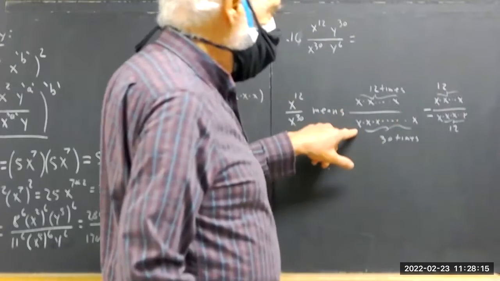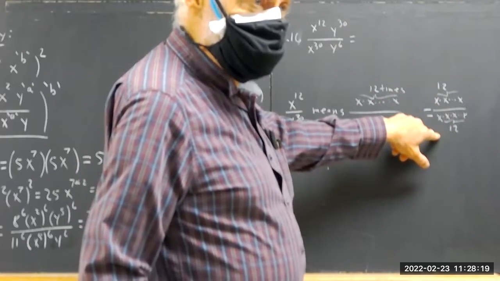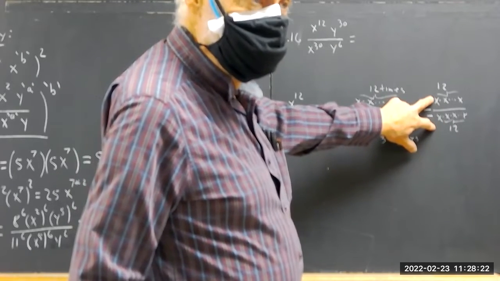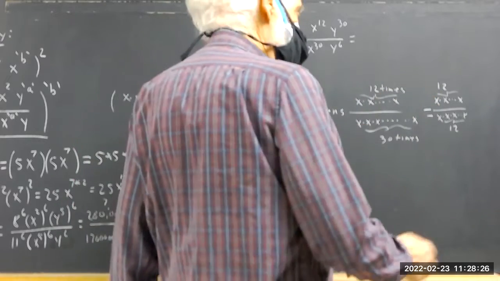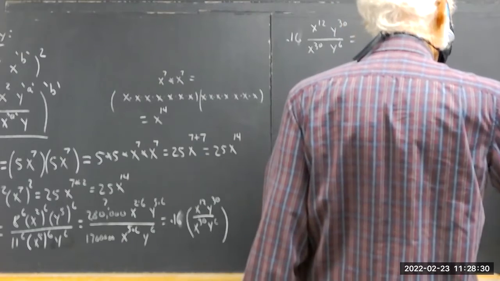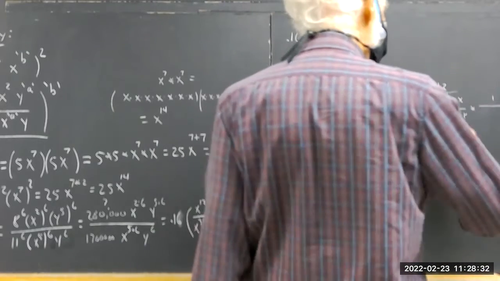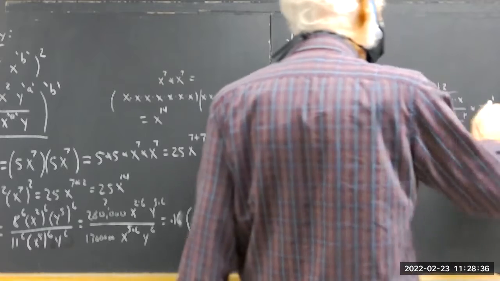I can take 12 of these and put them under here so that that's just going to be like 1, right? Because it's the same thing divided by itself. And what's that leave us? It leaves us 1 over here.